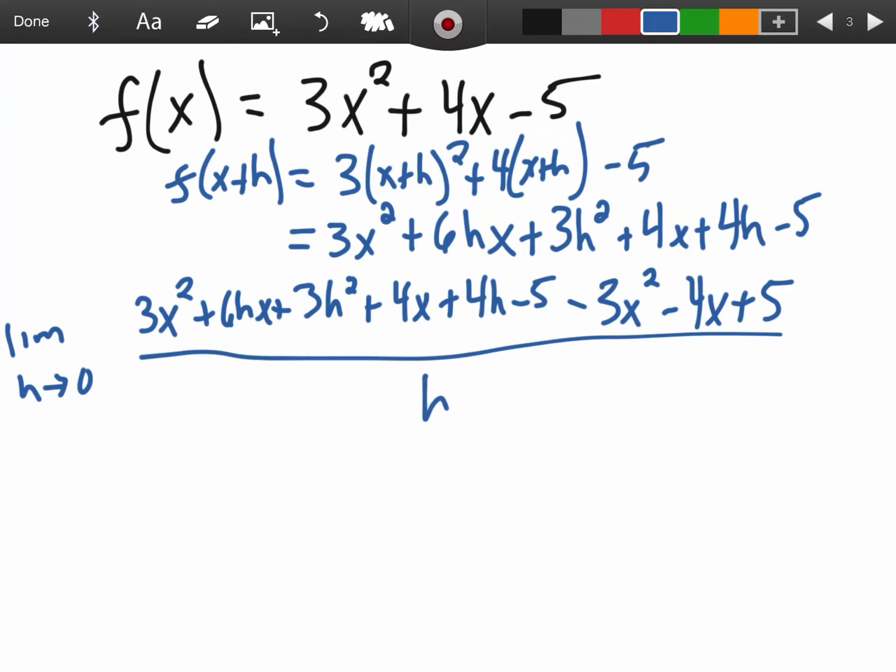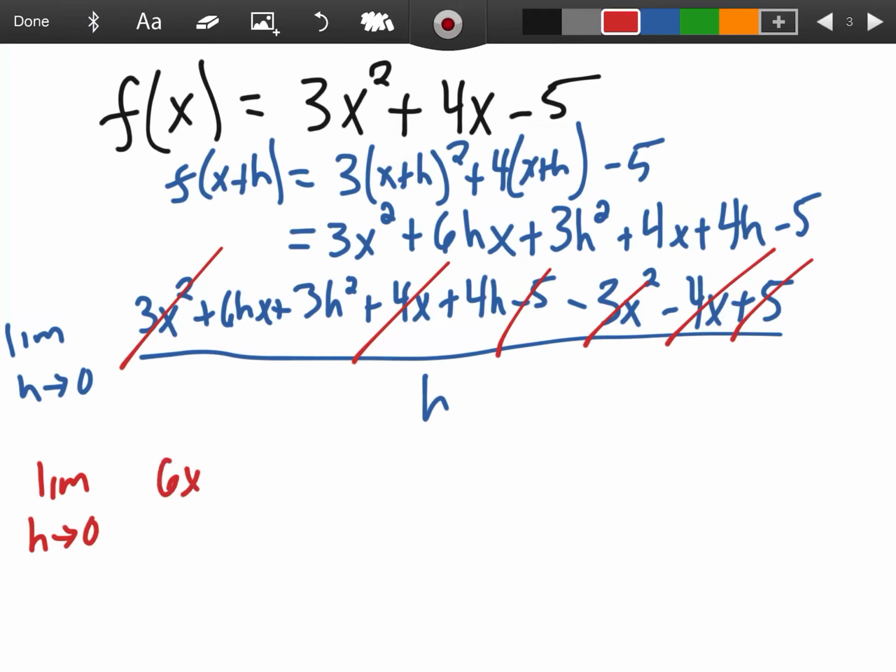And in the numerator, everything that doesn't have an h in it should cancel out if I did it correctly. So let's just check and make sure. My negative 3x squared cancels with the positive 3x squared. My positive 4x cancels with the negative 4x. Negative 5 cancels with positive 5. So now I've got the limit as h goes to 0 of all this stuff over h. Well, I do that division, and I'm left with 6x plus 3h plus 4. And that's the limit as h goes to 0.